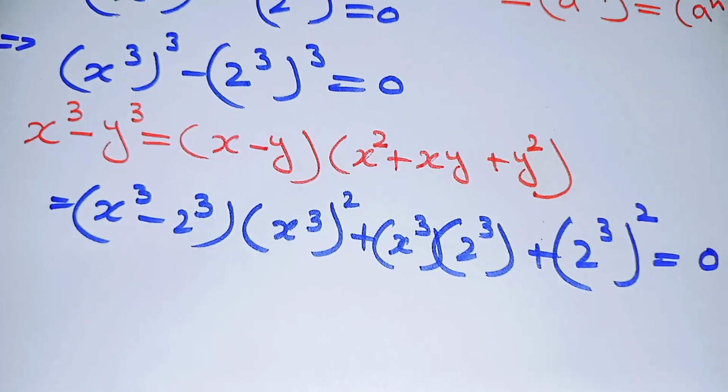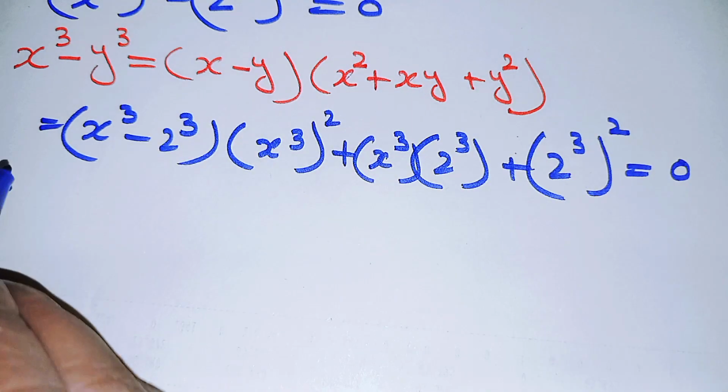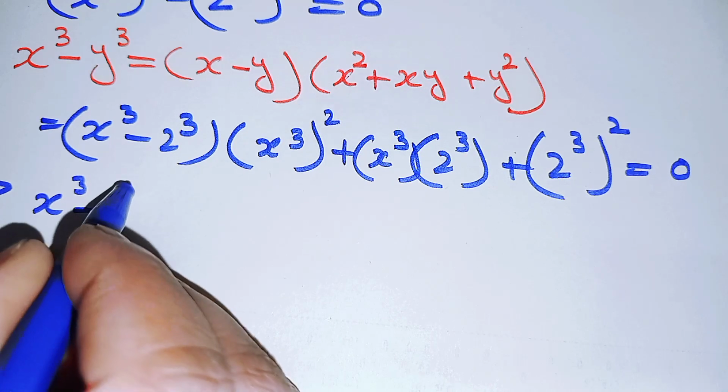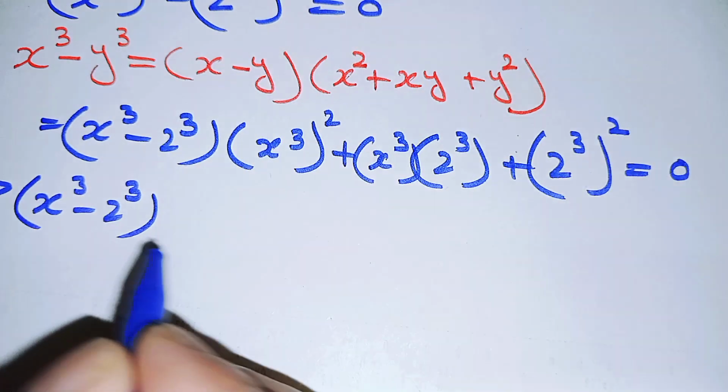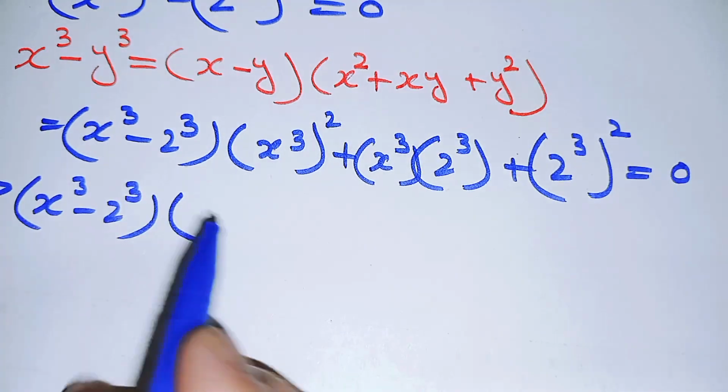So in the next step we have x cube minus 2 cube, and now we multiply exponents.